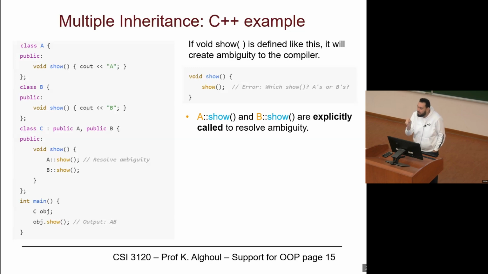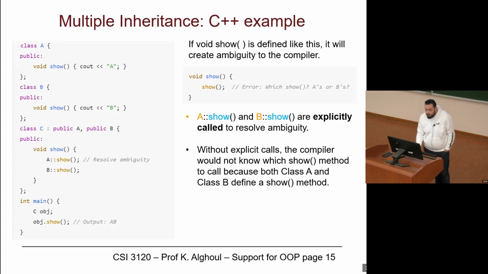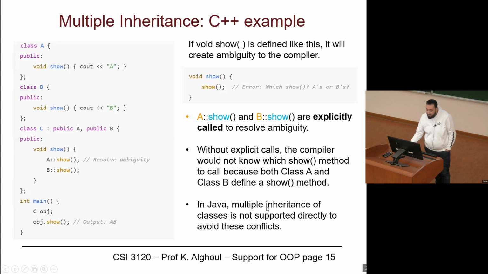I want a stricter language to detect errors. So without explicit calls, the compiler would not know which show method to call. And as we said, in Java, multiple inheritance of classes is not supported directly to avoid these conflicts. This is one of the design decisions that the Java designers took over this issue.